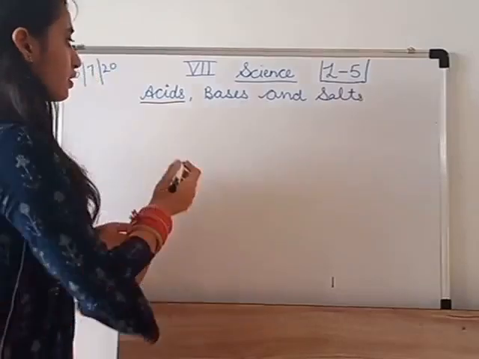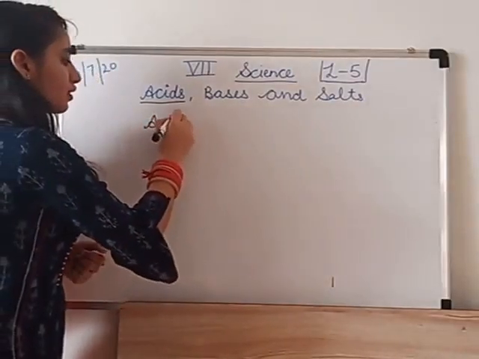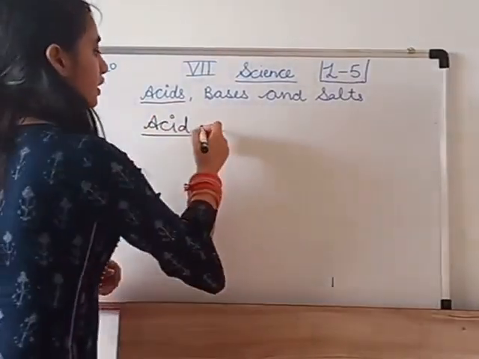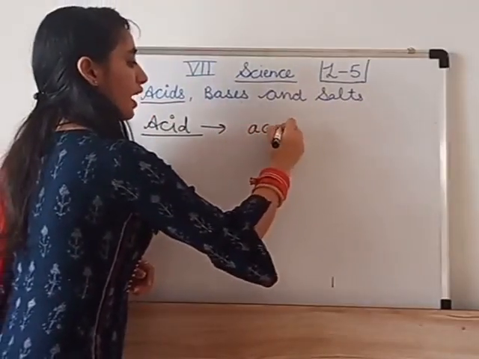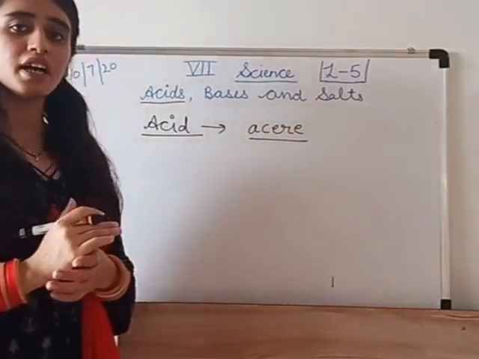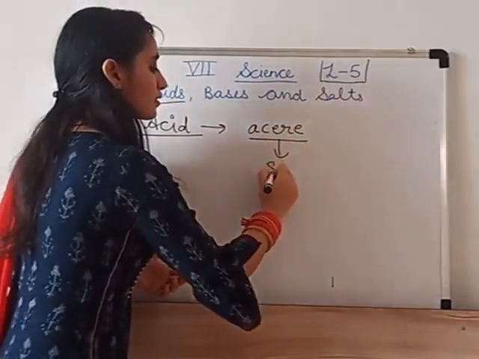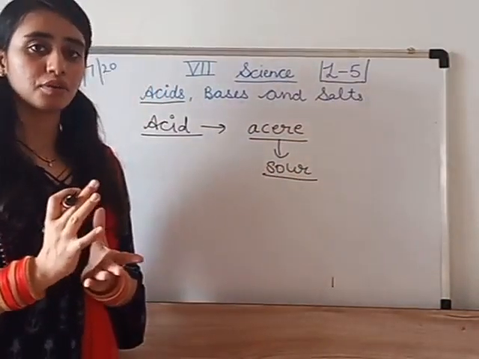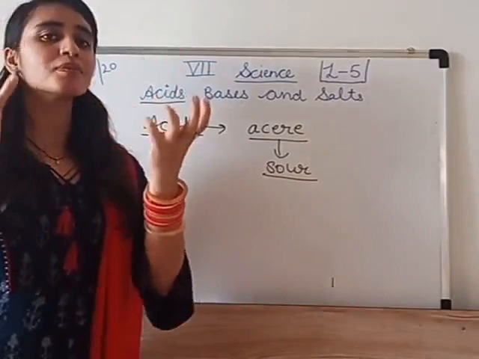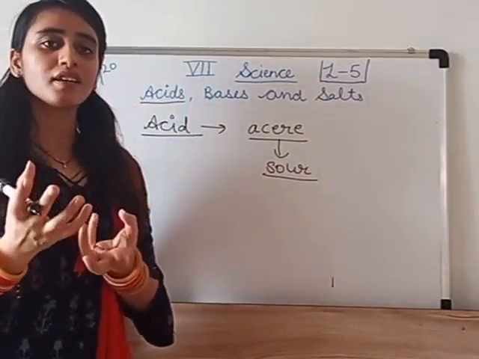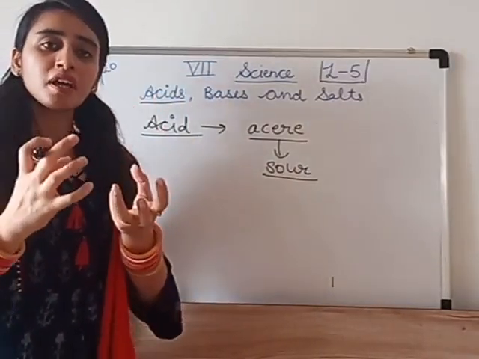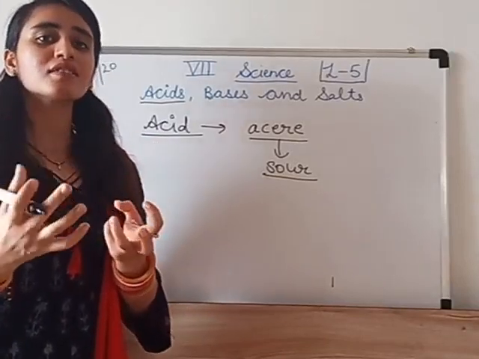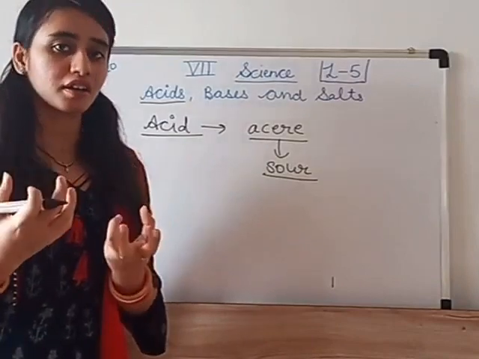So see, what is acid? The word acid is derived from the Latin word acere, which means sour. जिसका मीनिंग क्या होता है? खट्टा. ओके, मीन्स इन सभी सब्सटेंसेस में जो हम खाने के लिए यूज करते हैं, इनमें कुछ ना कुछ एसिड मिक्स होता है बीच में. इसी वजह से इनका टेस्ट क्या होता है? खट्टा.